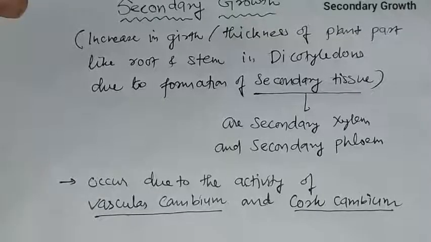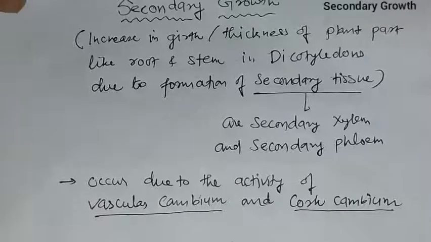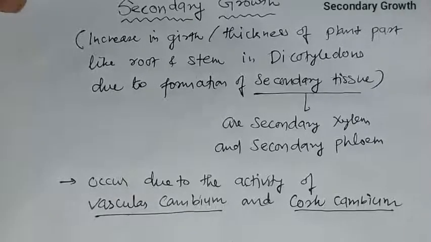First we will discuss this in case of the dicot stem, then we will talk about the dicot root. Actually in monocots, secondary growth does not occur, so there is no need to study it in the monocot stem and root. But in the dicot stem and dicot root, secondary growth occurs, so we have to study it. In the dicot stem, secondary growth starts from its initial life, but in the dicot root, it starts later in life.